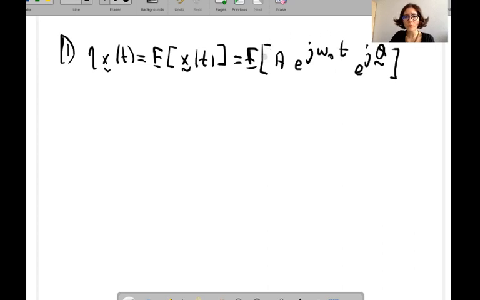But if you just observe here, this thing is not random, right? This is time dependent but deterministic, so it would go out of the expectation. Then you're left, in the expectation, with e to the j theta. But theta is uniformly distributed between 0 and 2 pi, so the expectation of this term will be 0.